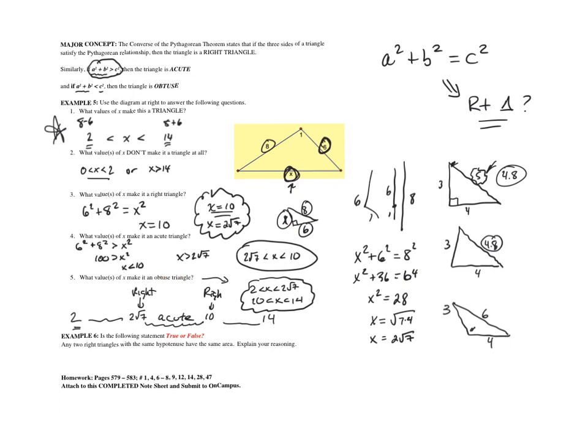Now, what I'd kind of like you to think about as part of your homework is example 6, where it says any two right triangles with the same hypotenuse have the same area. And they're asking you whether this is true or false. So we haven't formally talked about area of triangles yet, but if you have a right triangle, it might look like that, where we have 3 and 4 and 5.